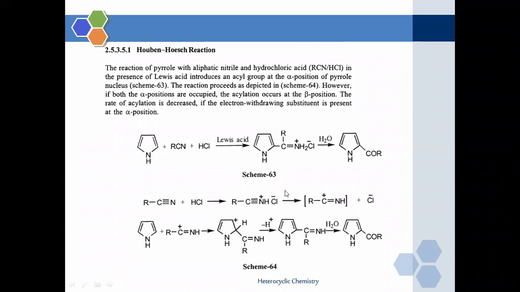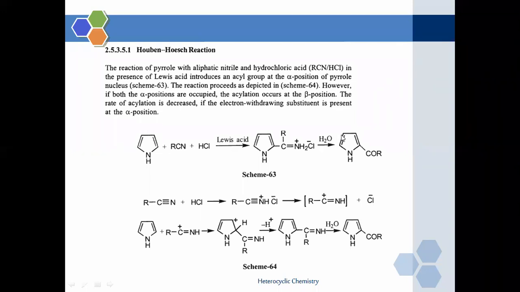However, if both the alpha positions, that is carbon number 2 and carbon number 5 position, are blocked, the acylation occurs at the beta position. Only in the case that the second position and fifth position are blocked, the acylation will happen at the beta position. Beta position means carbon number 3 and carbon number 4.